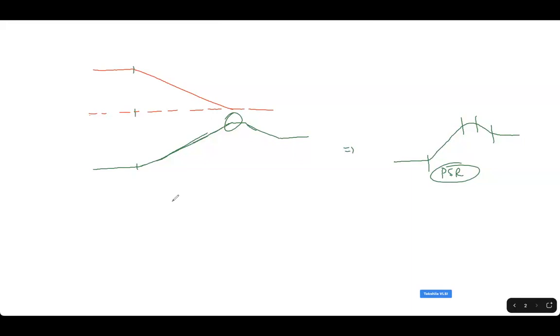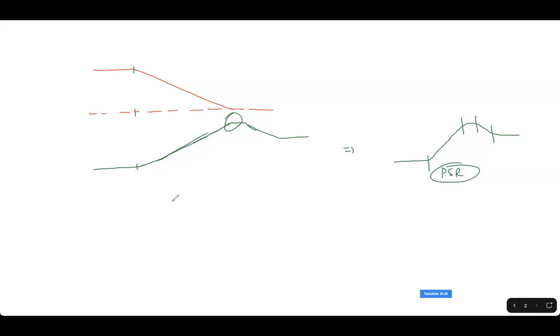Now, is there any way that we can reduce the effect of the supply noise on the output? We have just calculated the PSR plot from whatever circuit we have. But is there any way where we can reduce the PSR, the power supply effect at the output?